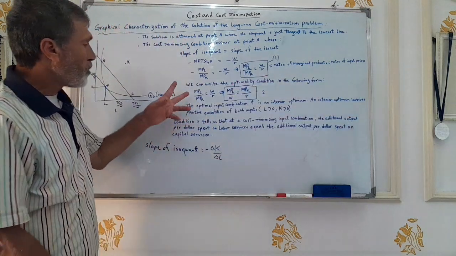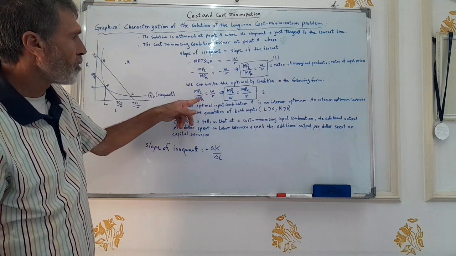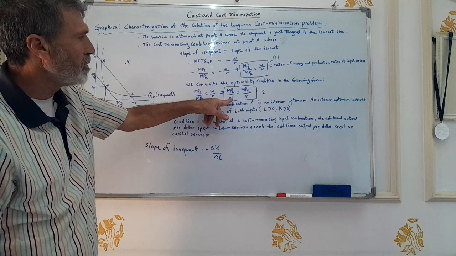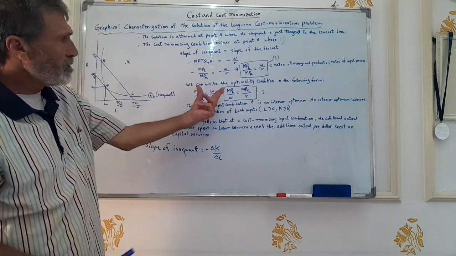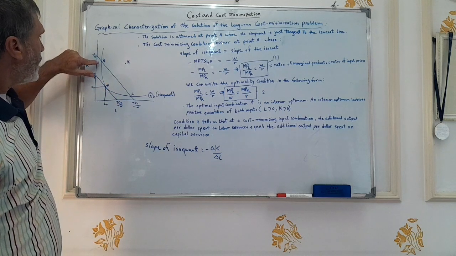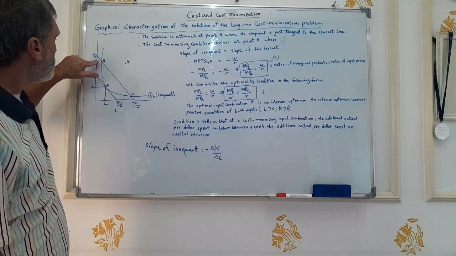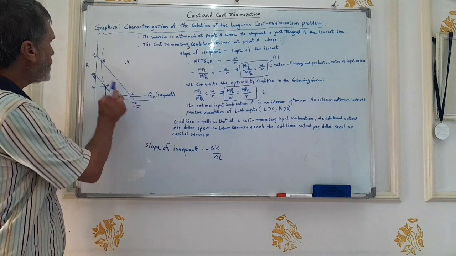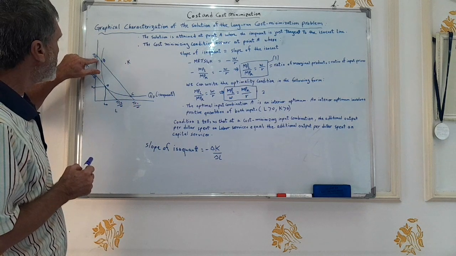Now, of course, we could write this optimality condition in the following form: the marginal product of labor over W equals the marginal product of capital over R. If I use these formulas to show that points B and C are not optimal: at point B, the slope of the isoquant in absolute value is higher than the slope of the isocost.